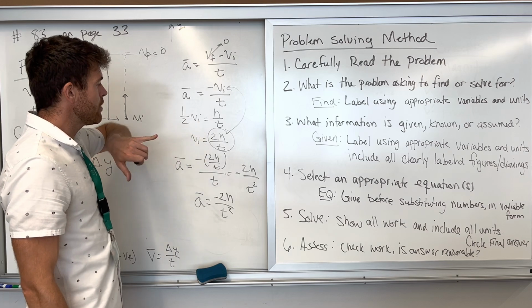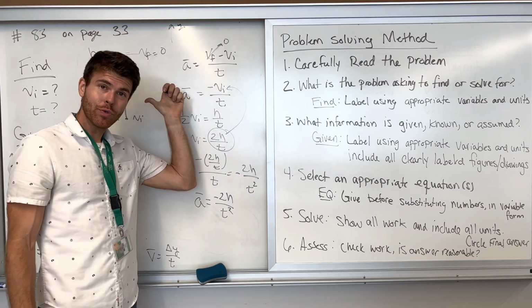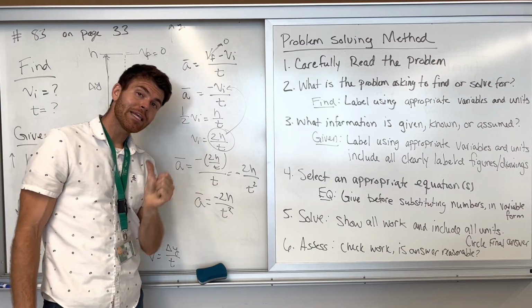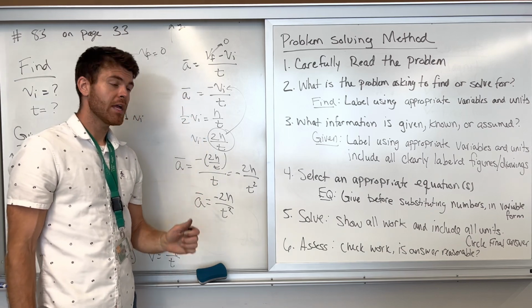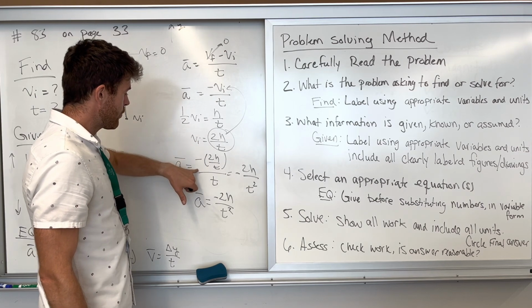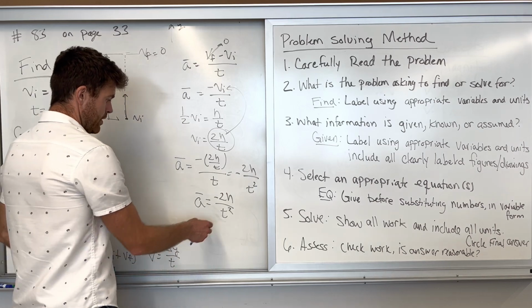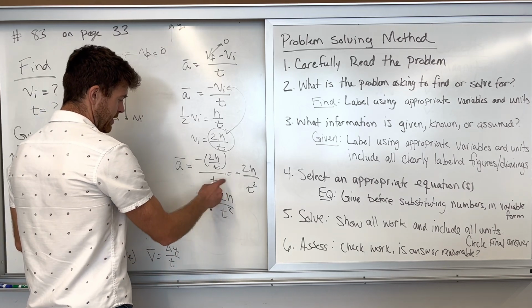By solving one equation for one of the unknowns and plugging it into the other equation, you eliminate one of the two unknowns, and you get one equation with one unknown. So all we're going to do is solve this now. Let's multiply that over there and take the square root.